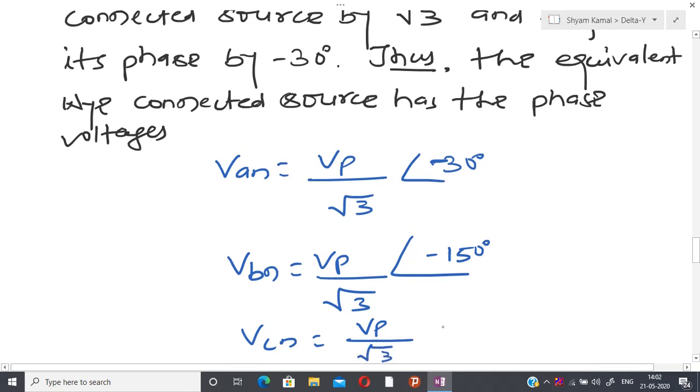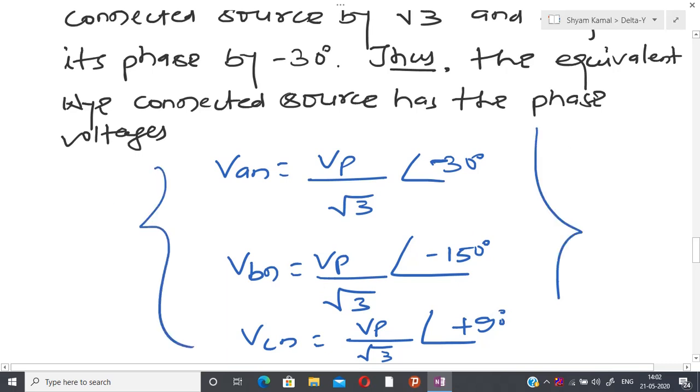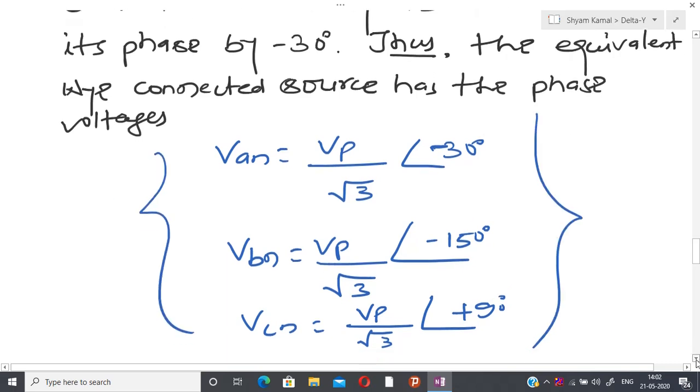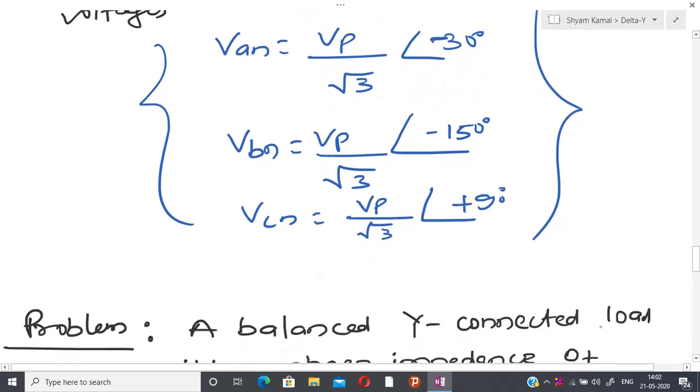I am just writing it in form of mathematics, as it is better to apply whenever we solve problems related to the conversion of the delta source into the Y source.